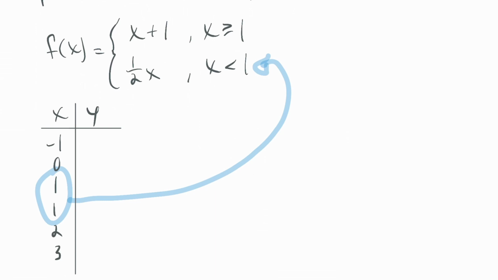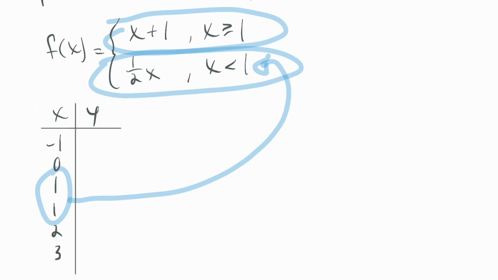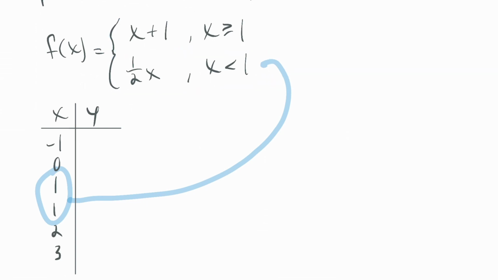Because this formula gets used for 0.9 and 0.99 and 0.999, I want to say, where would that piece of the graph start? This one starts and stops at 1. This one starts and stops at 1. So I want to mark that location. You'll see what I mean. We hope anyway. So I guess I just need to start plugging these values in.